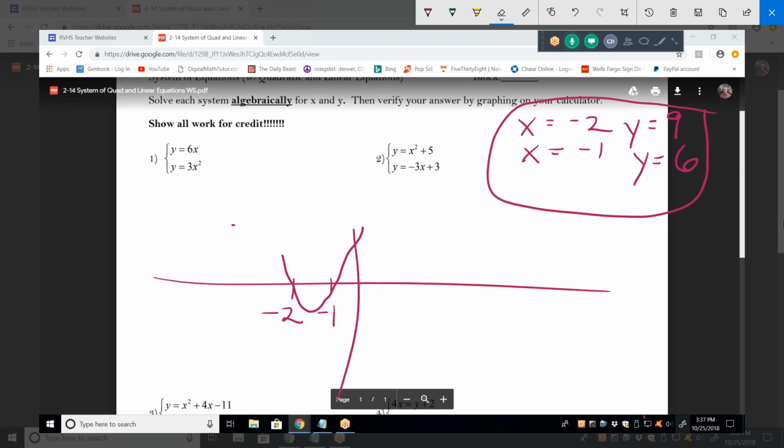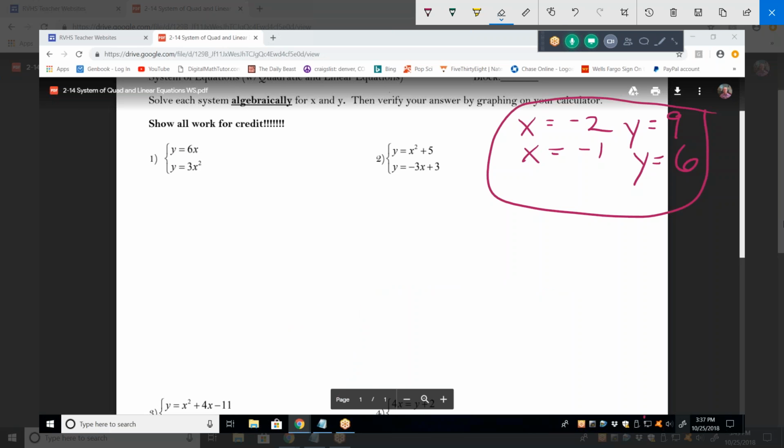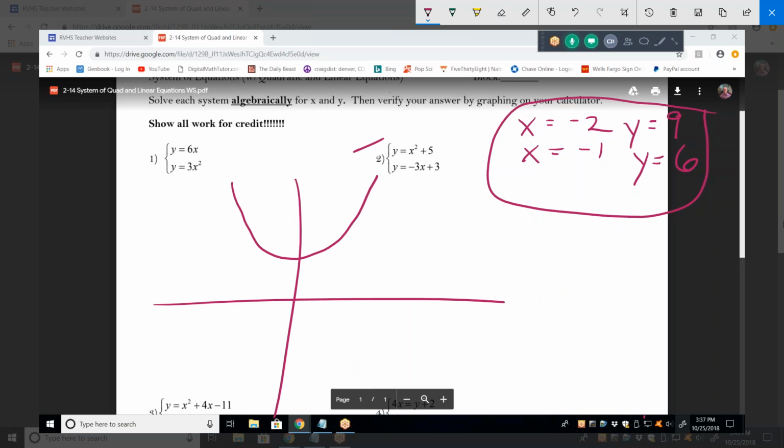No, I just realized what I did here. Hold on a second. If you graph these independently, you're going to get, that's the first one. That's the parabola shifted up vertically by 5 units.